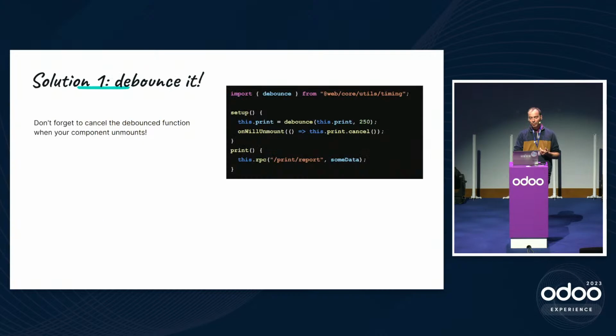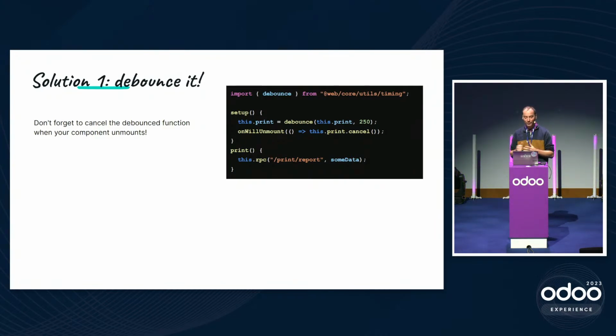There is a common solution, and it's to use some kind of debouncing function. We have one in the web client. It can be imported from web core utils timing, and that debounce function will basically only apply the first action when it's done, and any subsequent action for a period of time will be ignored.